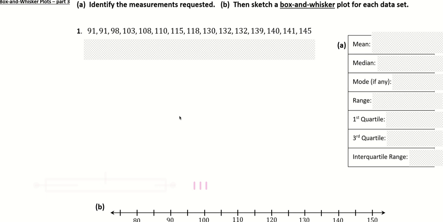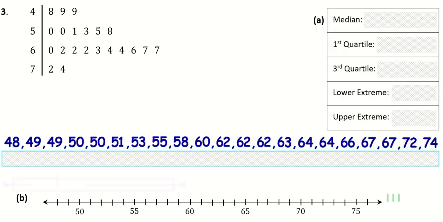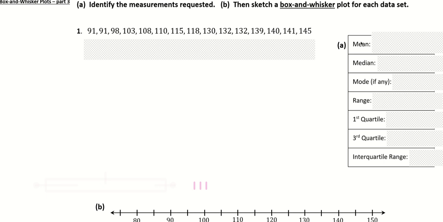The front side of this paper has 3 examples of, hey, identify all of this stuff. When you look at the data: the mean, the median, the mode, if any, the range, the first quartile. What's the first quartile again?